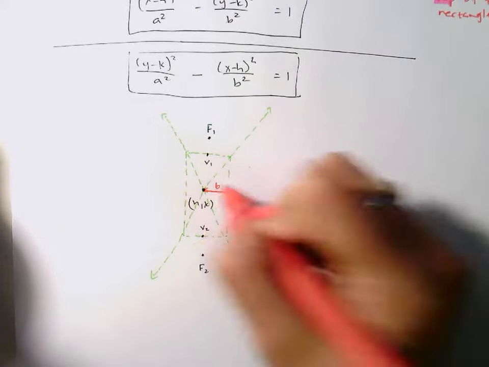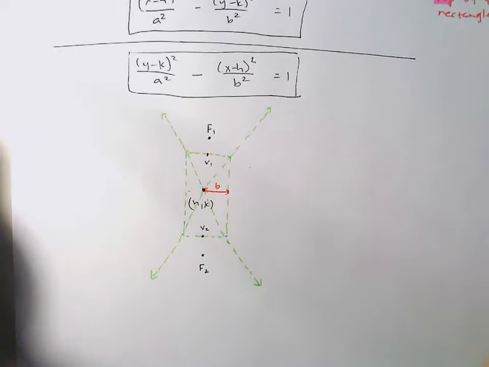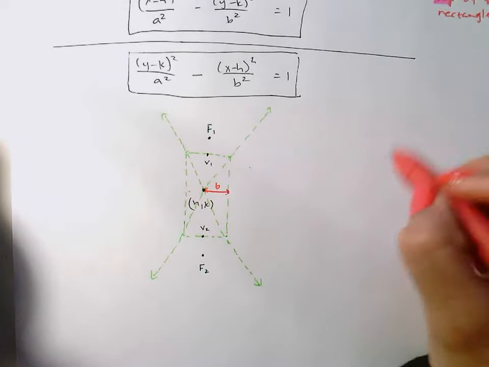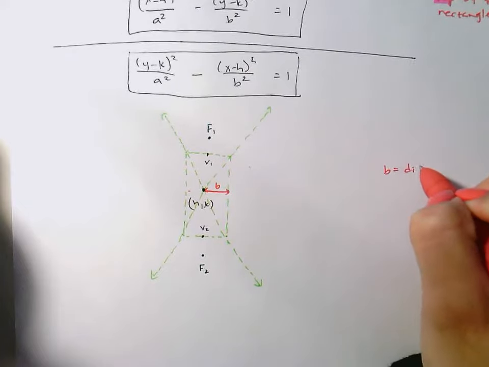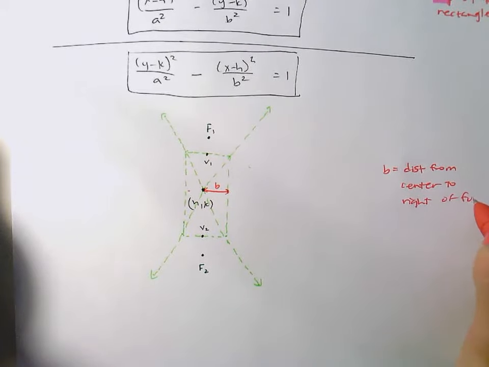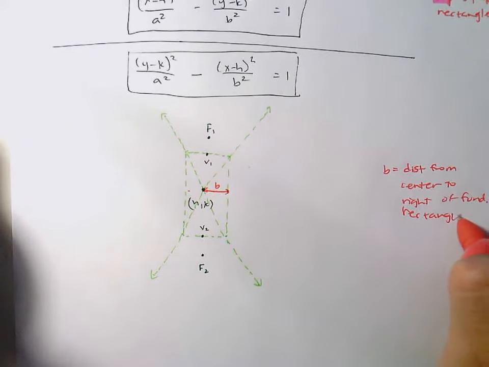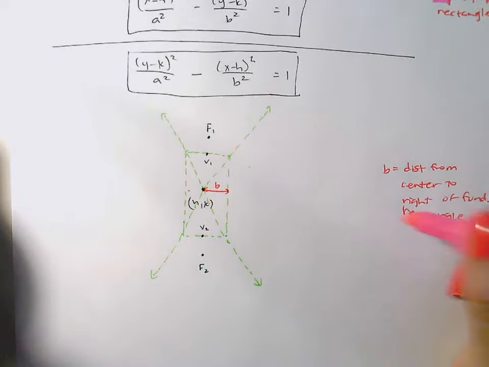So this one is B. This should also be the same distance going to the left. So everything else is the same, but B is the distance from the center to the right of the fundamental rectangle, instead of going to the top.